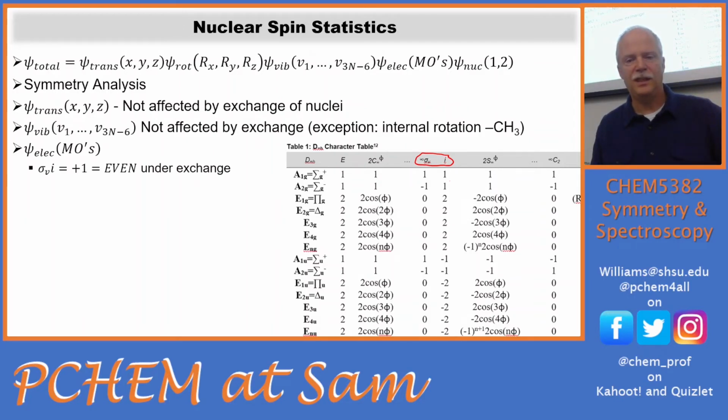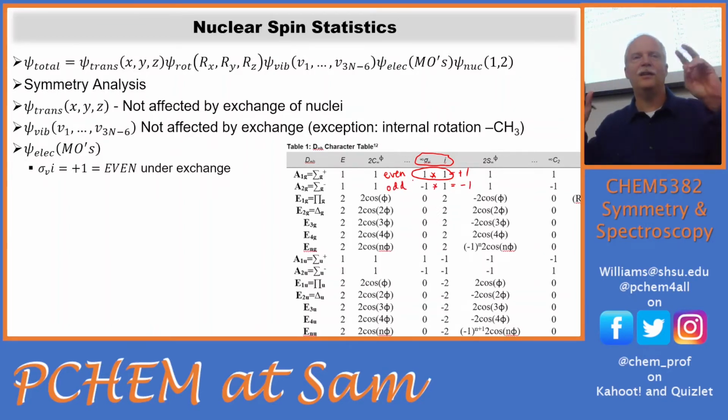When sigma_v times i is plus 1, then it's even under exchange. So you see this 1 times 1 equals plus 1, so this is even. But this is a minus 1 times a plus 1, so that's minus 1, so this is odd.